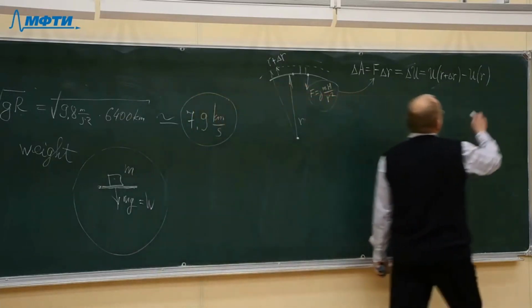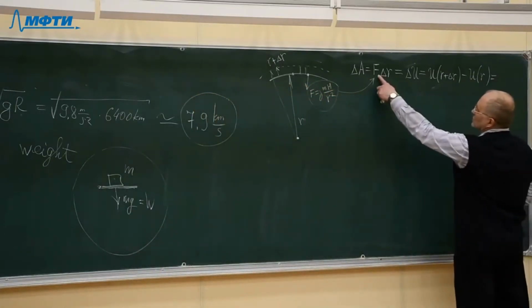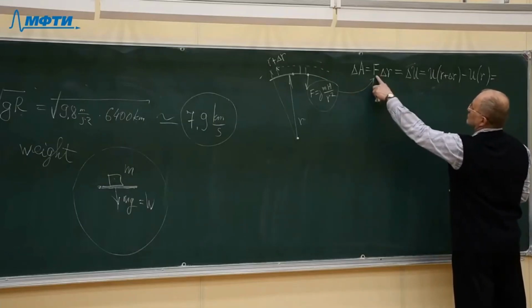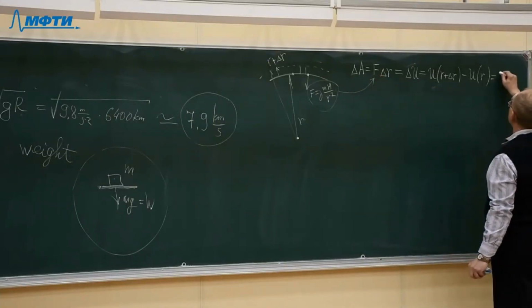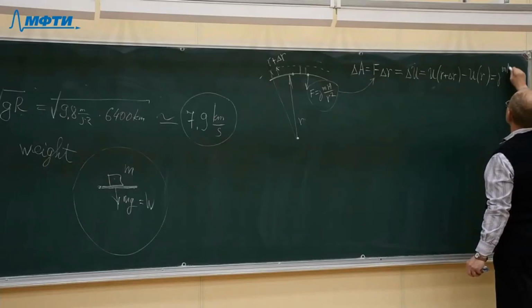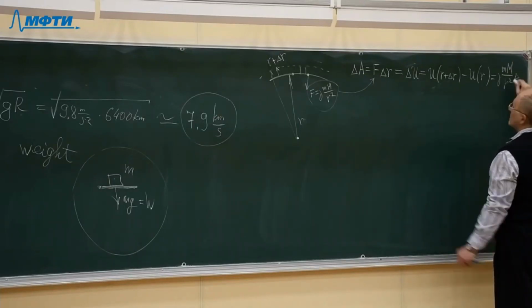And if we take into account what expression should be substituted for F, we obtain gamma small m capital M over r squared times delta r.